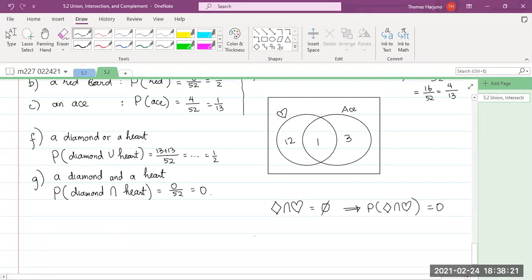If the intersection of two sets is the empty set, then we say diamond and heart are disjoint. In probability and statistics, we also call that mutually exclusive.